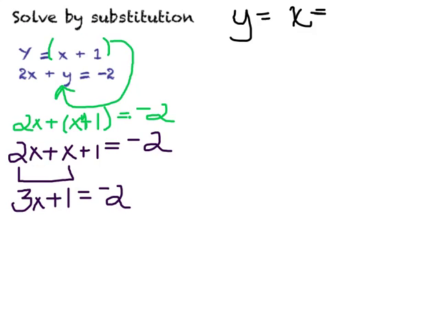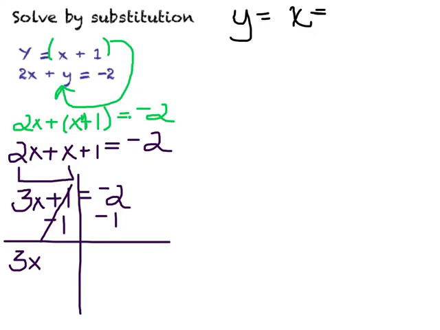Two-step equation, so you're going to subtract 1 from both sides of your equation. If you want to draw the line, you still can. Those cancel, and you get 3x equals negative 3. Divide by 3, and you get x equals negative 1.